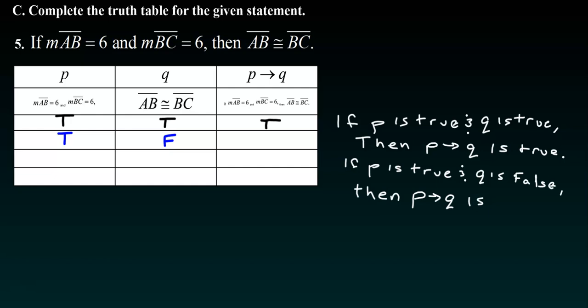So if the measure of AB is 6 and the measure of BC is 6, and we're saying that AB is not congruent to BC, in other words they're not equal to each other, does that mean the last part is true? That would be no, because if AB is not equal to BC and we're saying they're the same number, then the conclusion is false.